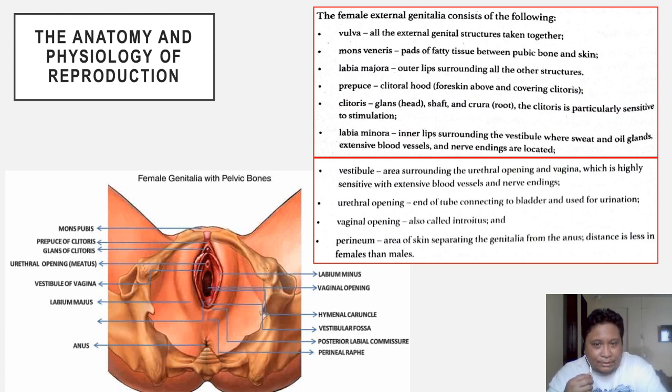And lastly is the perineum, located in the lower portion, where there is the perineal raphe. That is the area of skin separating the genitalia from the anus. The distance is less in females than males.